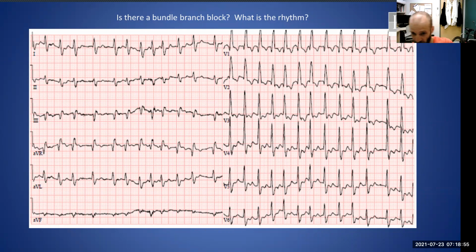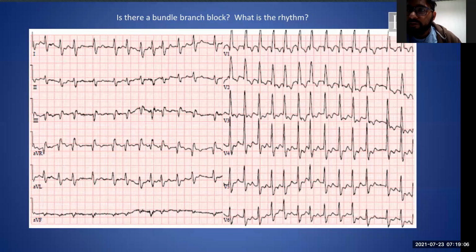So do you think there are P waves? Well, when I looked at it, I interpreted it as an RSR wave. For example, if I'm looking at V2, I thought maybe the P waves are merging in with the QRS.